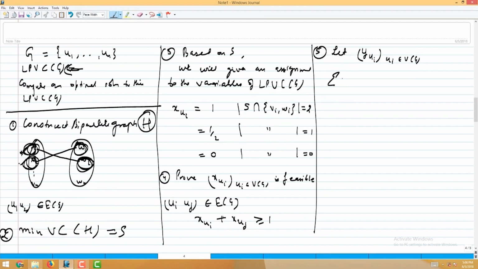So the way we'll prove it is the following. Look at any optimum solution. Let this be an optimum solution to the LP, some optimal solution. If I prove that whatever I have constructed here has value at most this value, then are we done?